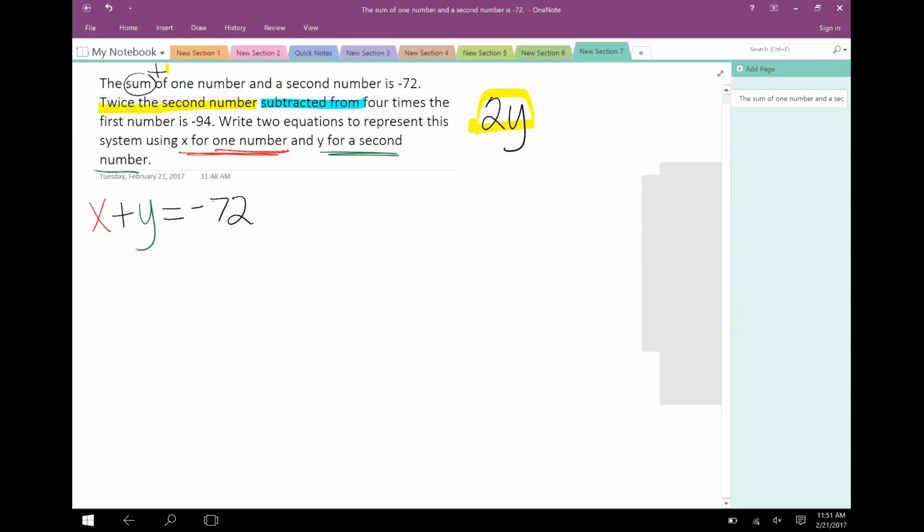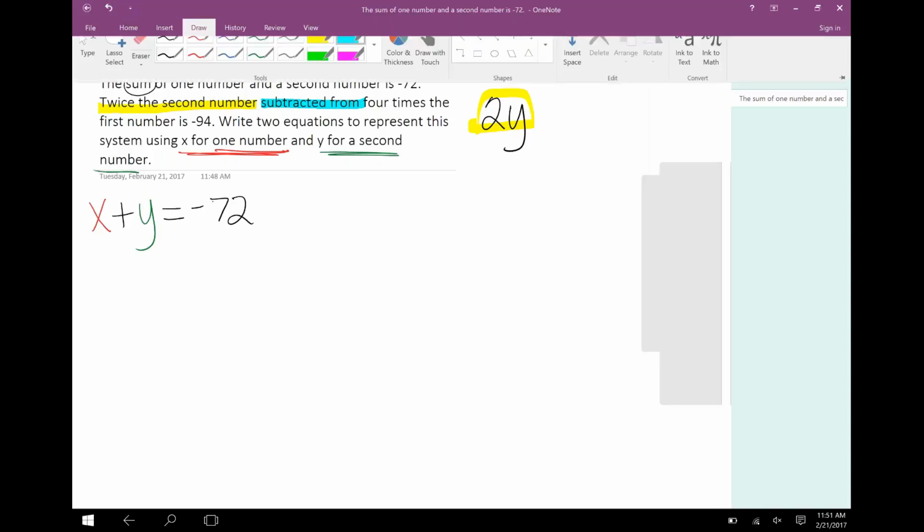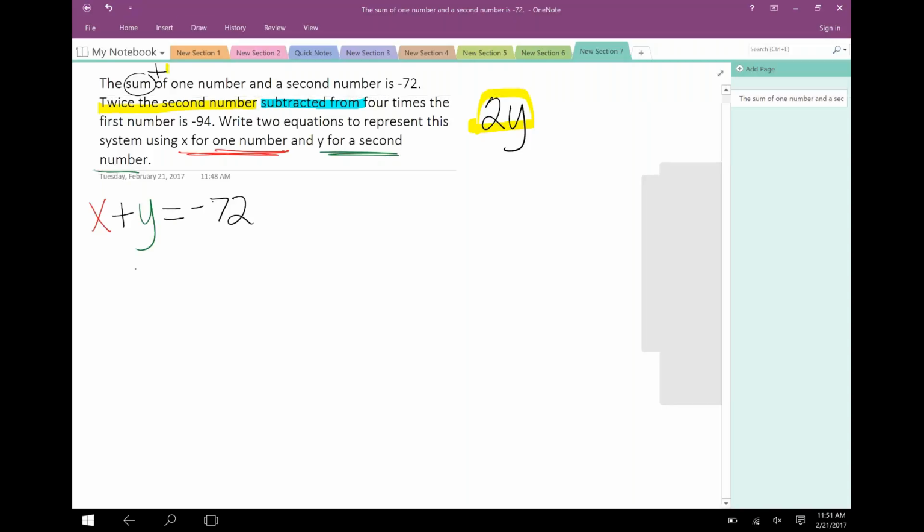Subtracted from means that we're going to take 2y away from something else. So it's going to be something minus 2y. Okay? So something's going to go in front of this negative 2y. Don't know just yet, but I want to just kind of set that up for you.